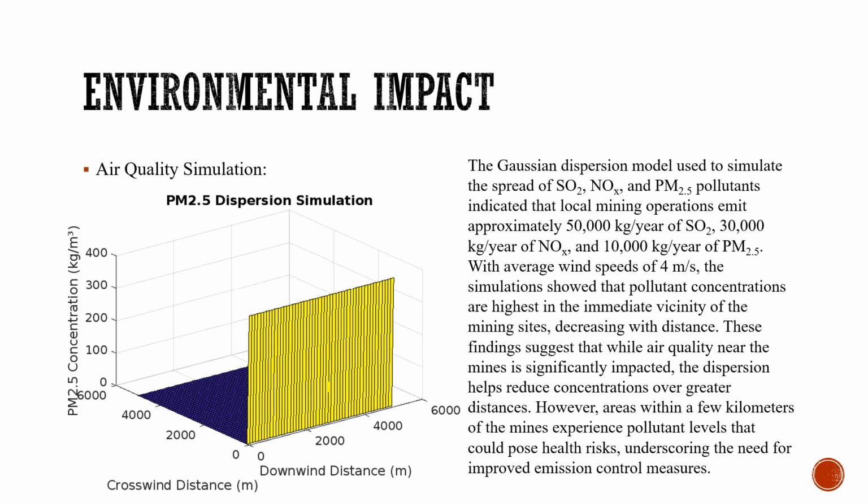With average wind speeds of 4 meters per second, the simulation showed that pollutant concentrations are highest in the immediate vicinity of the mining sites, decreasing with distance. These findings suggest that while air quality near the mines is significantly impacted, the dispersion helps reduce concentrations over greater distances. However, areas within a few kilometers of the mines experience pollutant levels that could pose health risks, underscoring the need for improved emission control measures.